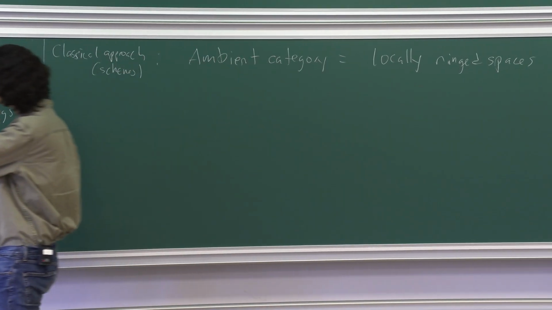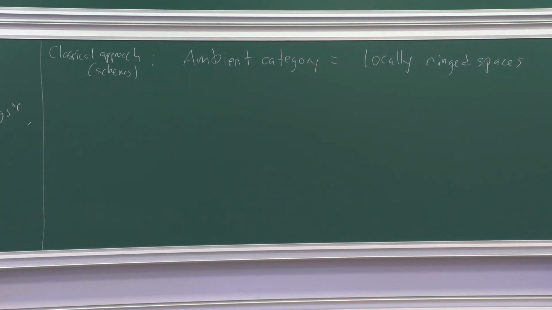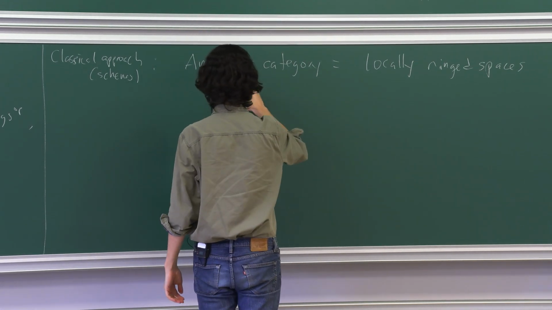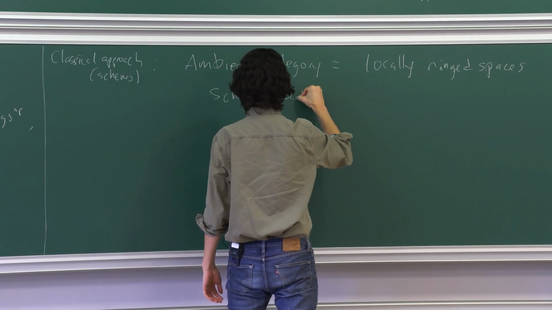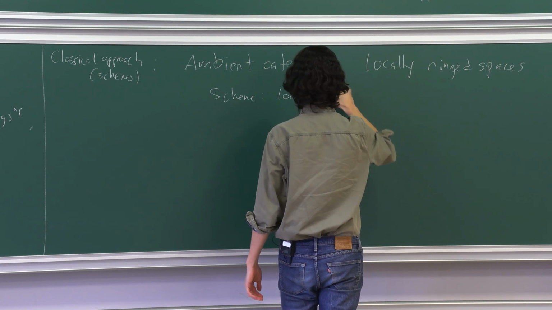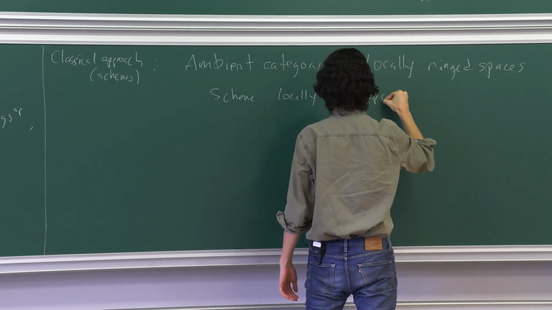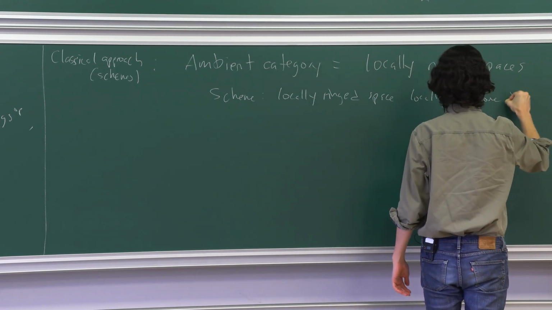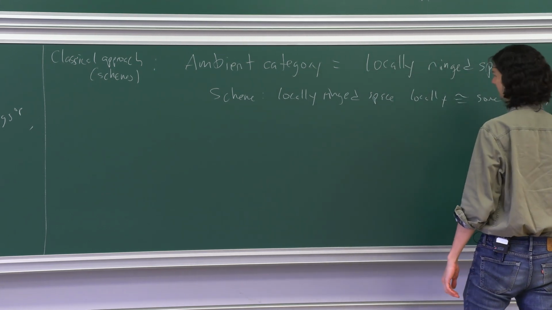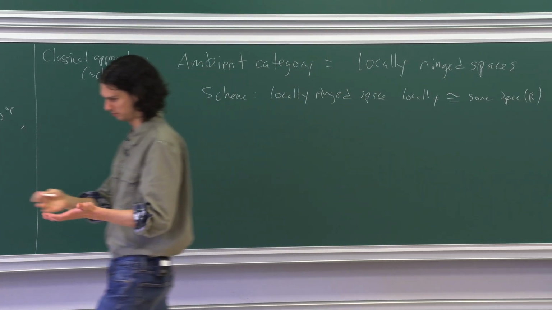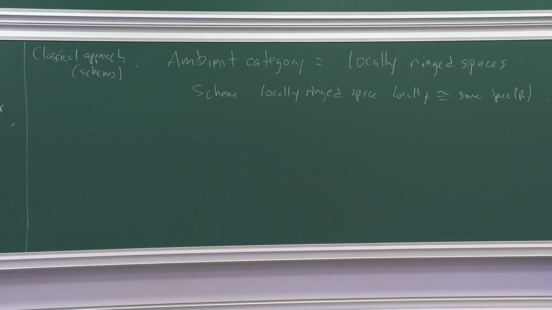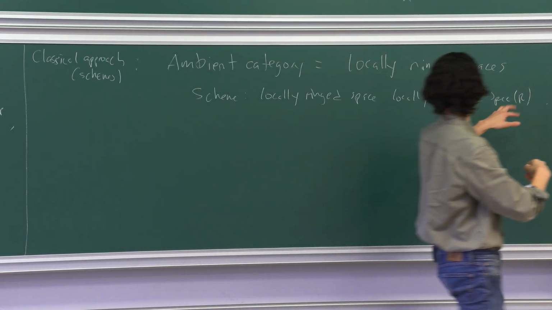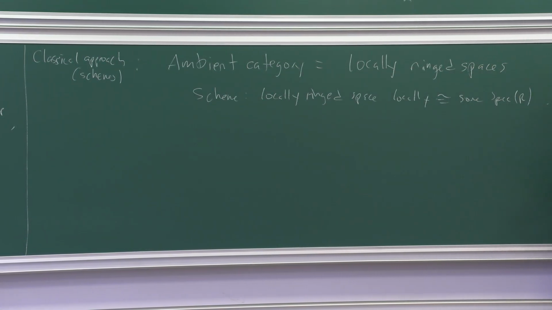A commutative ring gives such an object, Spec R, and then a scheme is a locally ringed space locally isomorphic to some Spec R. Or in other words, the allowable gluings between affine opens are just gluings along open subsets, viewing Spec R as a locally ringed space.